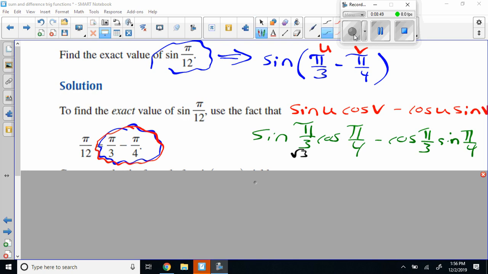Yep, that's square root of 3 over what? 2. All right. Then you got to do the same thing for cosine of pi over 4 minus that. So go ahead and find those values. I'll give you 30 seconds to find those values and substitute them in. And then clean it up and tell me what you got.